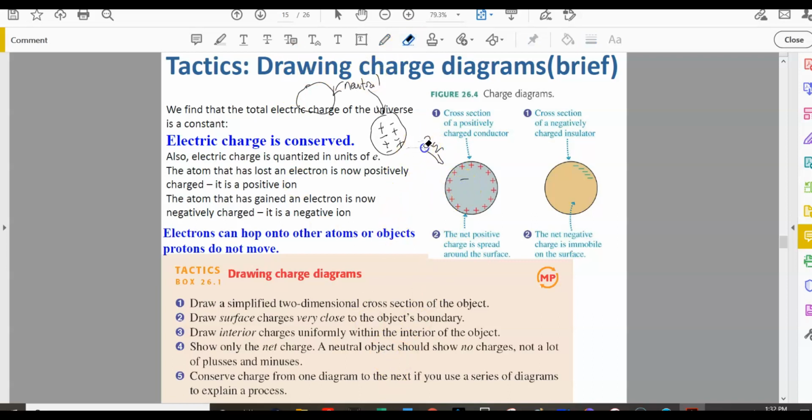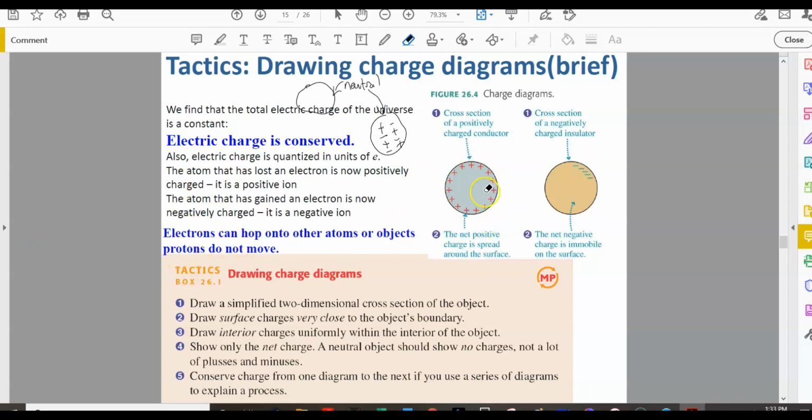So you have to remember that electrons and protons don't disappear, okay? If you take electrons off one object, the exact number of electrons has to be put on another object, okay? And again, it's the electrons that are moving.